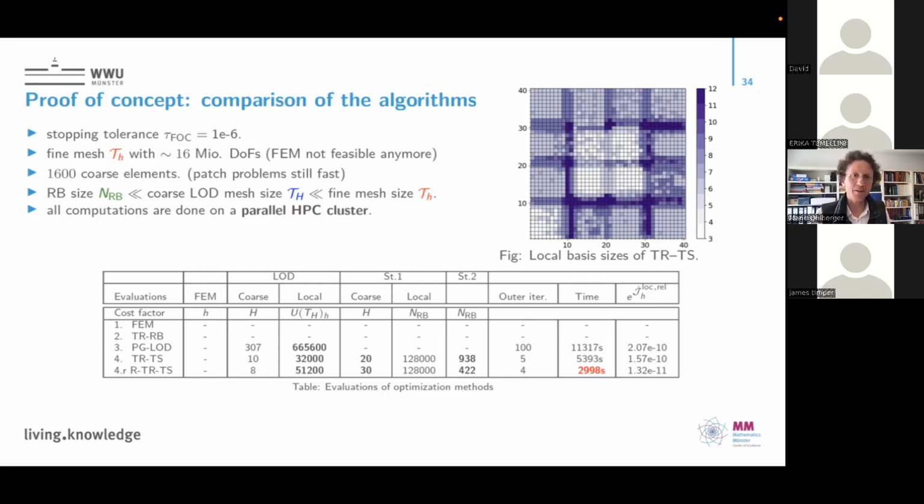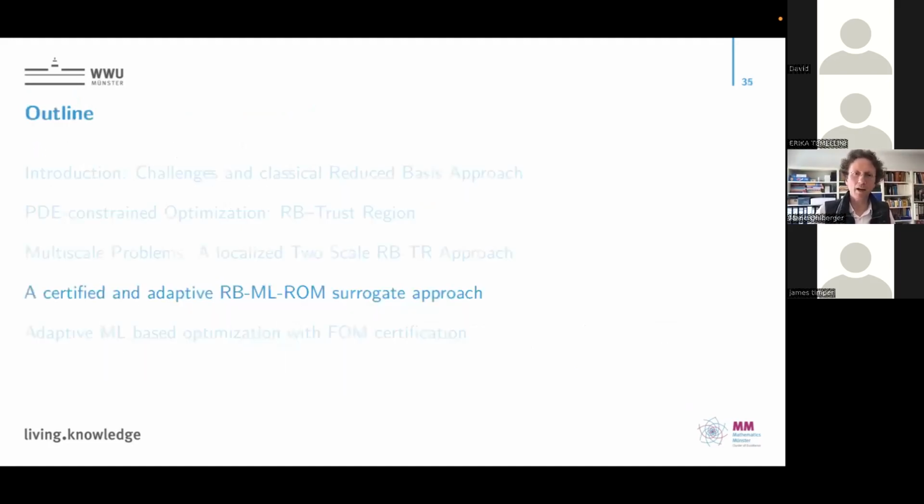So far we dealt with problems with increasing complexity, from moderately large-scale problems to really large-scale multi-scale problems. But still, we are with very simple elliptic problems and also with stationary problems.